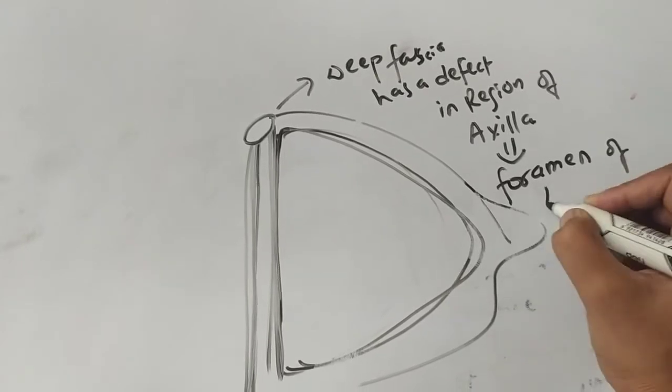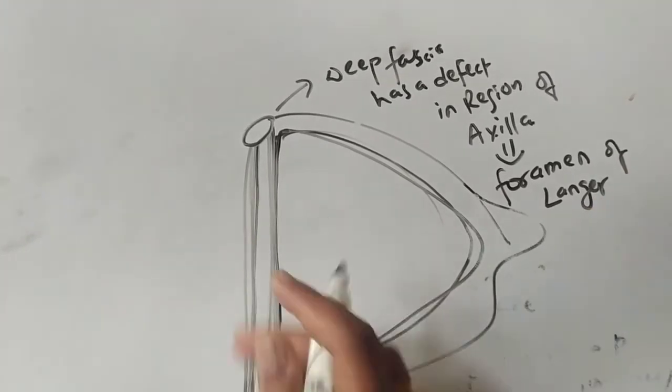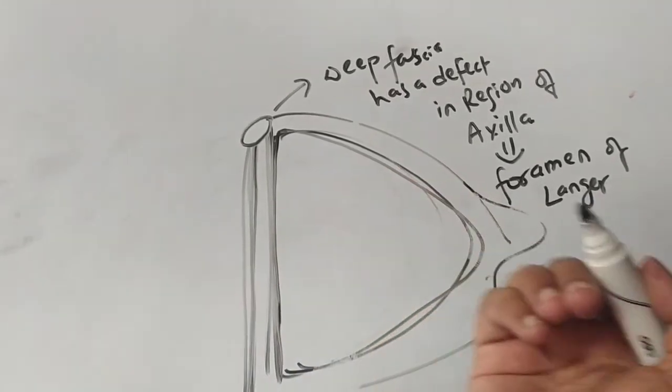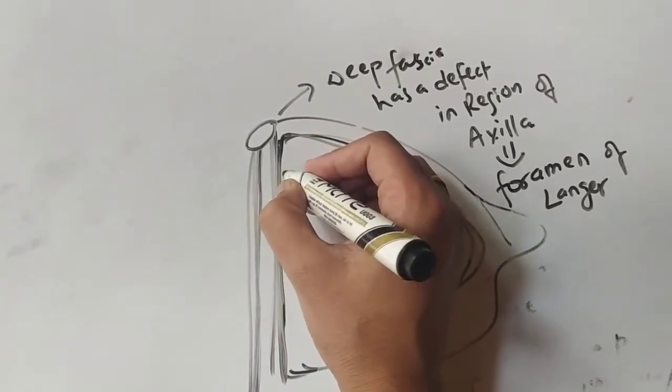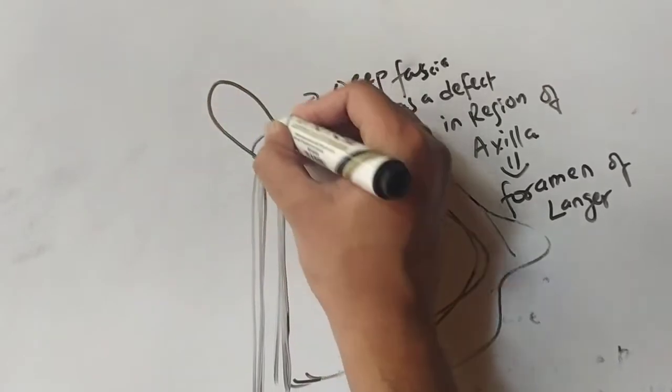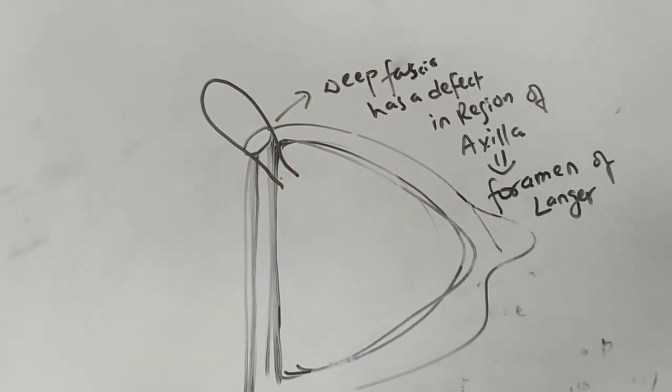And if there is a defect, it is obvious that the breast tissue or breast gland can come into the axilla via this foramen.